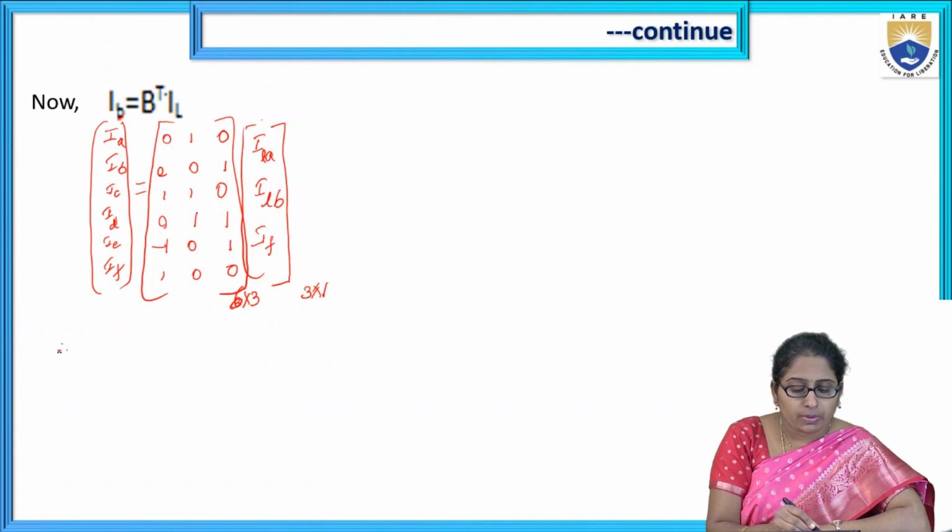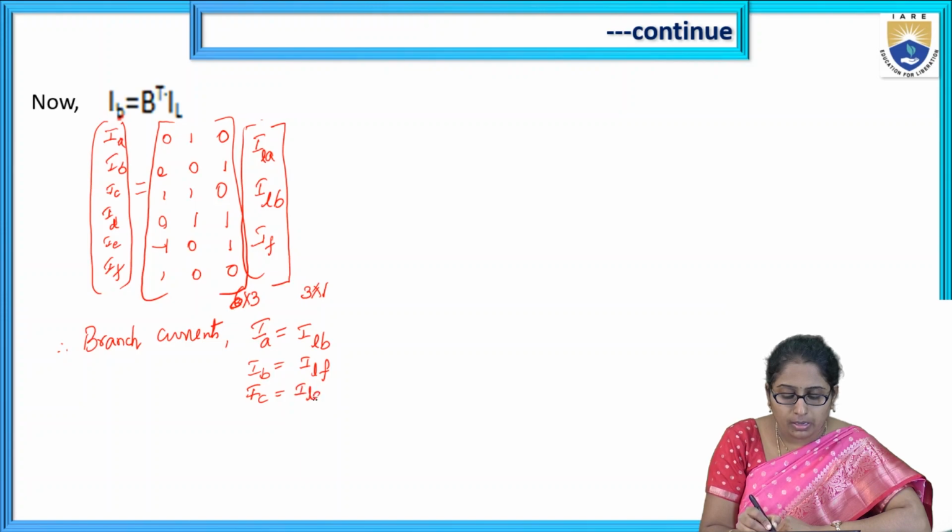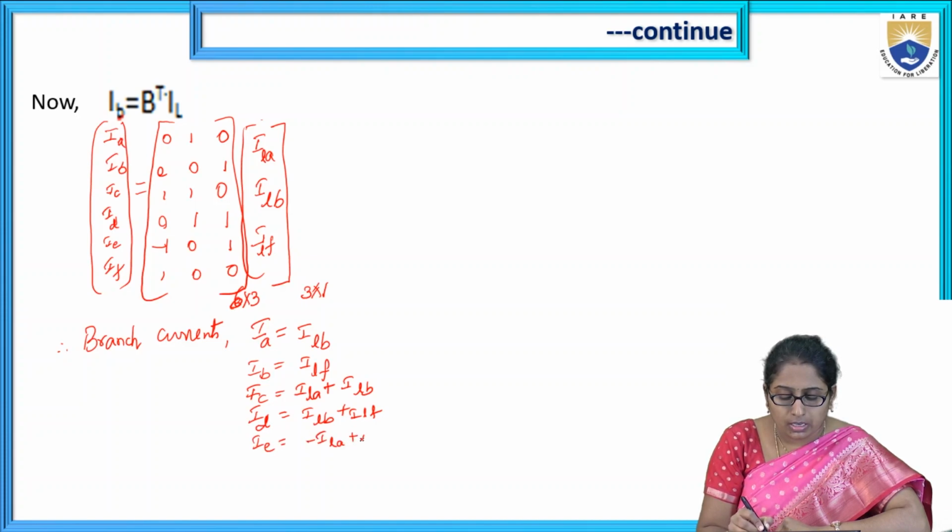So the branch currents, from this matrix multiplication: IA is given by ILB, IB is given by ILF, IC is given by ILA plus ILB, ID is given by ILB plus ILF, IE is given by minus ILA plus ILF, and IF is given by ILA.